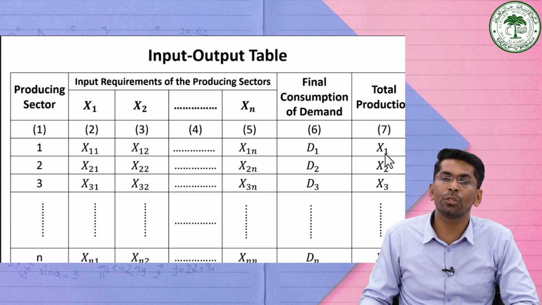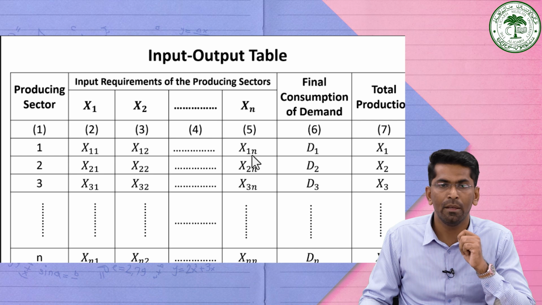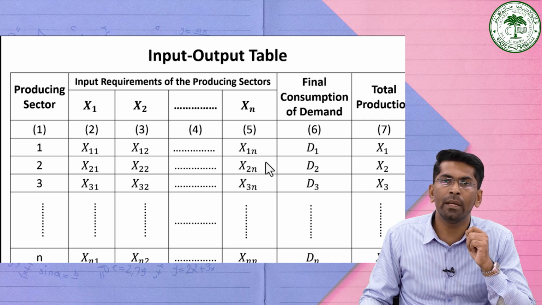And X1 shows the total output. So the total output of the first industry is used as an input for the first industry, used as an input for the second industry, and up to n industries using the output of the first industry as an input. So this is the row-wise interpretation.